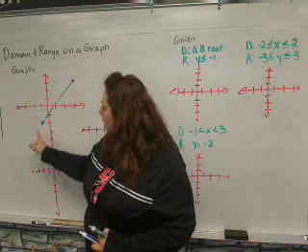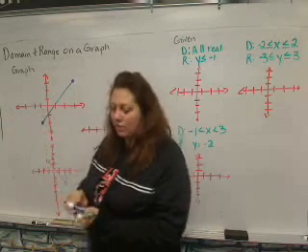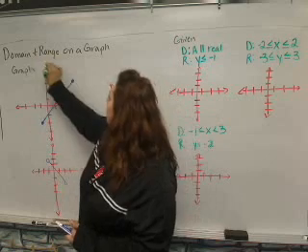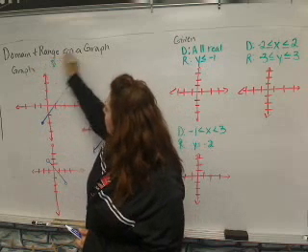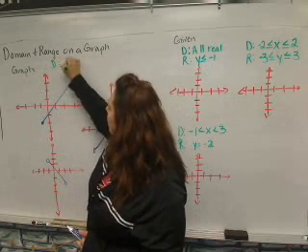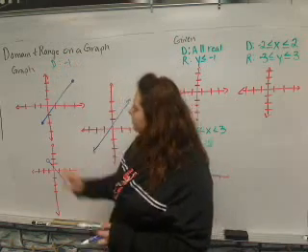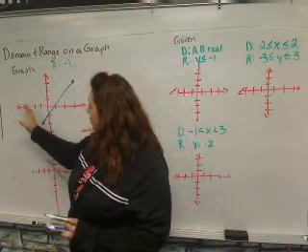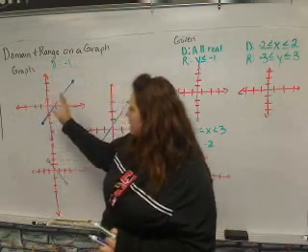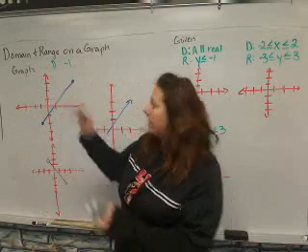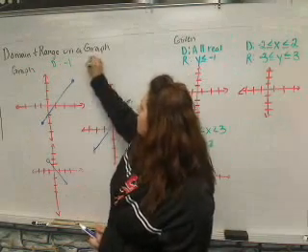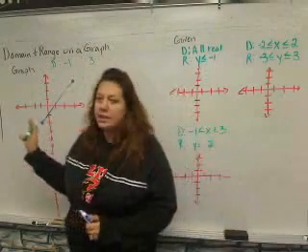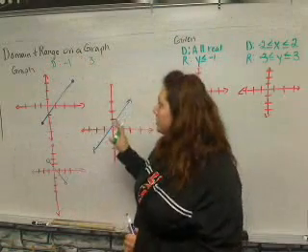I know that it starts here at -1 with my domain. So I'm going to write my D. I'm going to say it starts at -1, okay? Then it keeps going and it stops at +3. So I know my domain is in between -1 and +3.